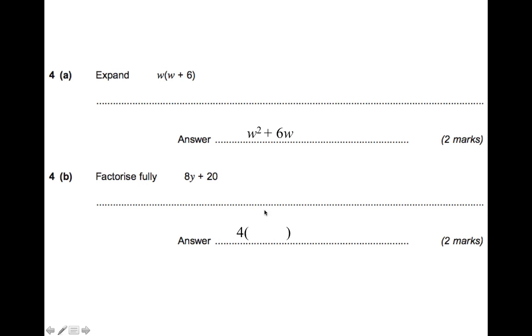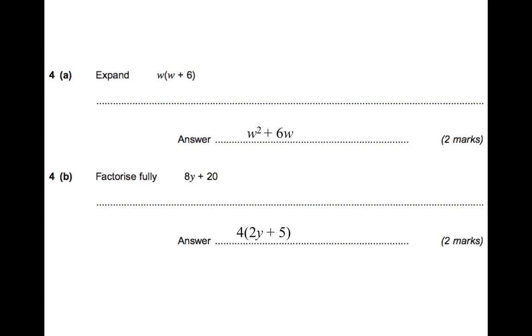And that number is 4. So 4 goes outside the bracket, and then we need to think, okay, so 4 times what will give us the 8y, and 4 times 2y will give us 8y, and then 4 times what will give us the 20. And of course 4 times 5 makes 20, so the factorization is 4 times brackets 2y plus 5.